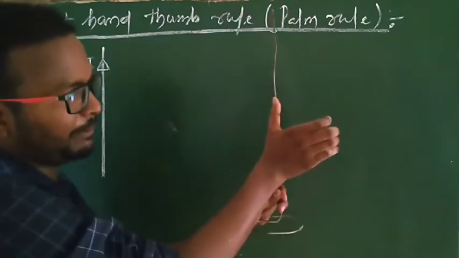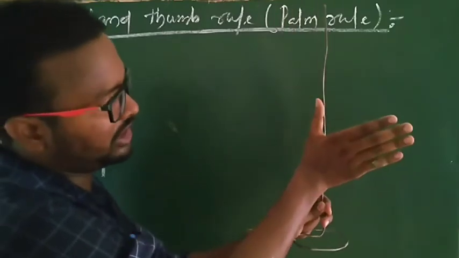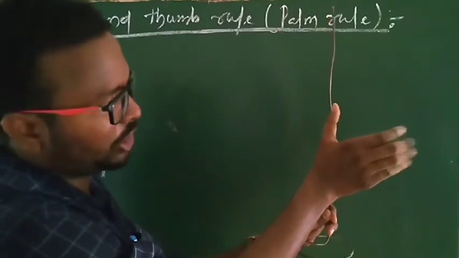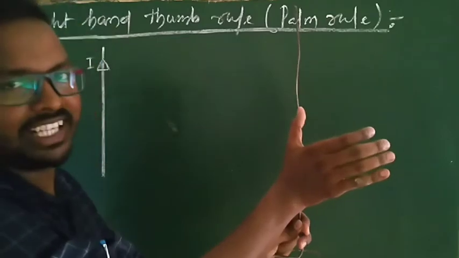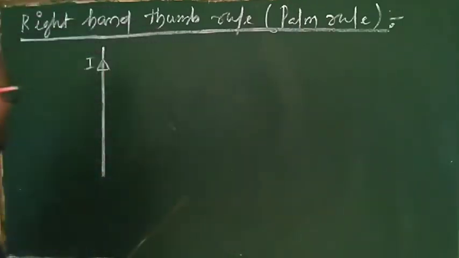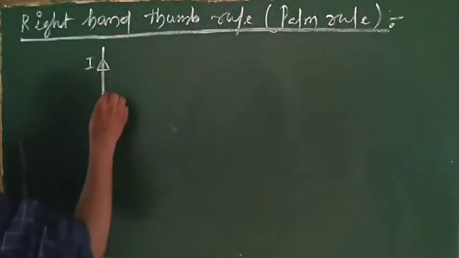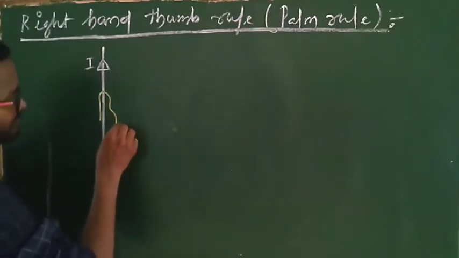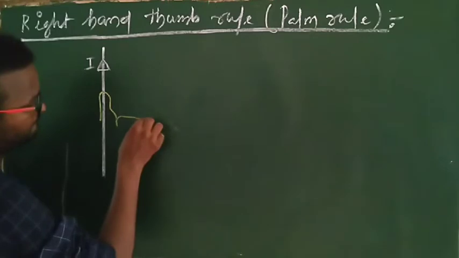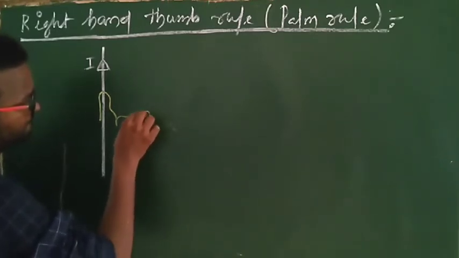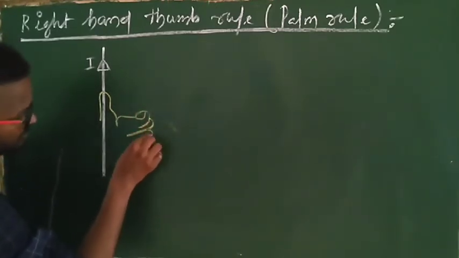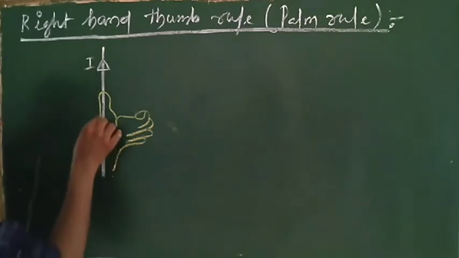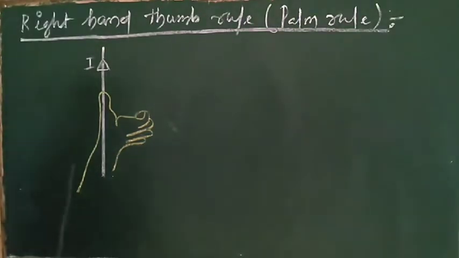So in this way, the thumb indicates the direction of current. And if we curl the fingers of the right hand, then the curled fingers indicate the direction of the magnetic field. That means this is the thumb, clear?